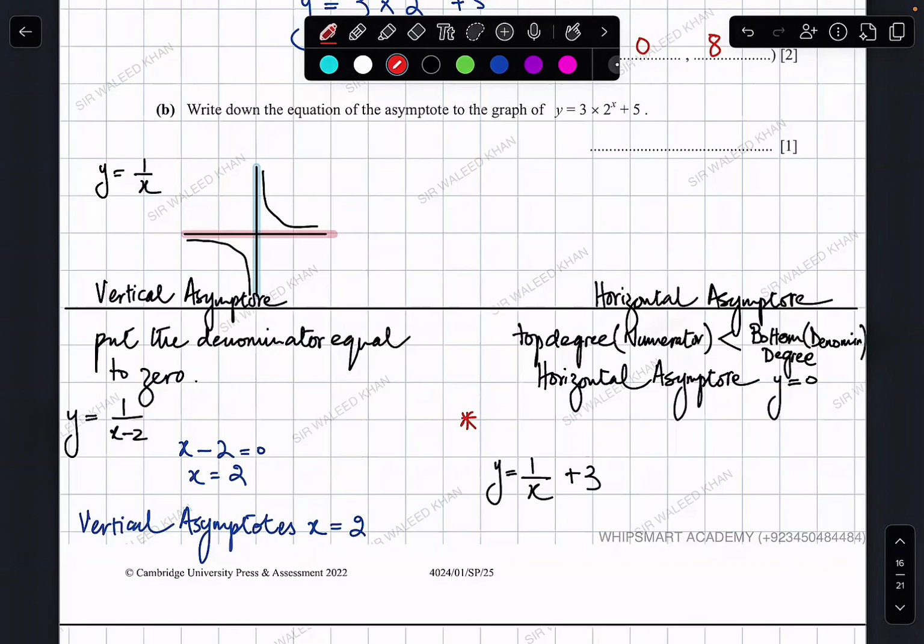Okay, so if a constant is involved in the equation, then the horizontal asymptote will change accordingly, or will shift accordingly.